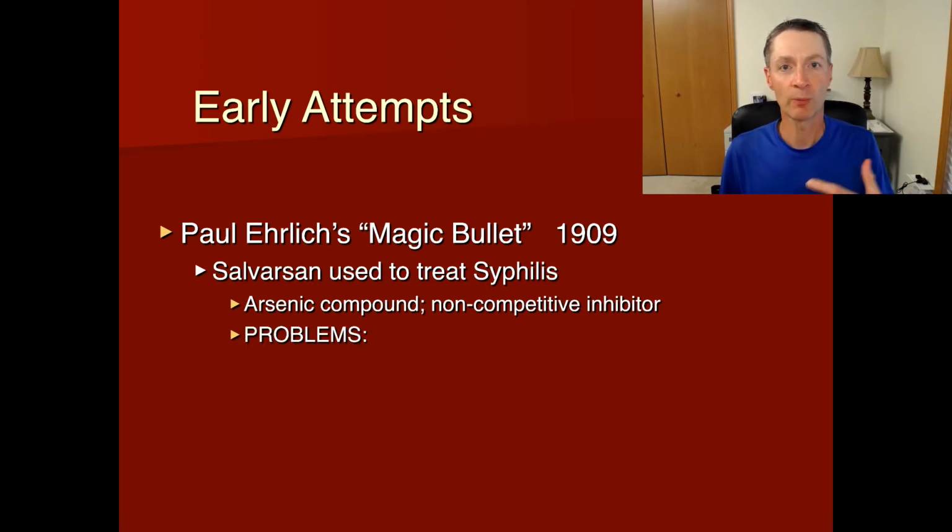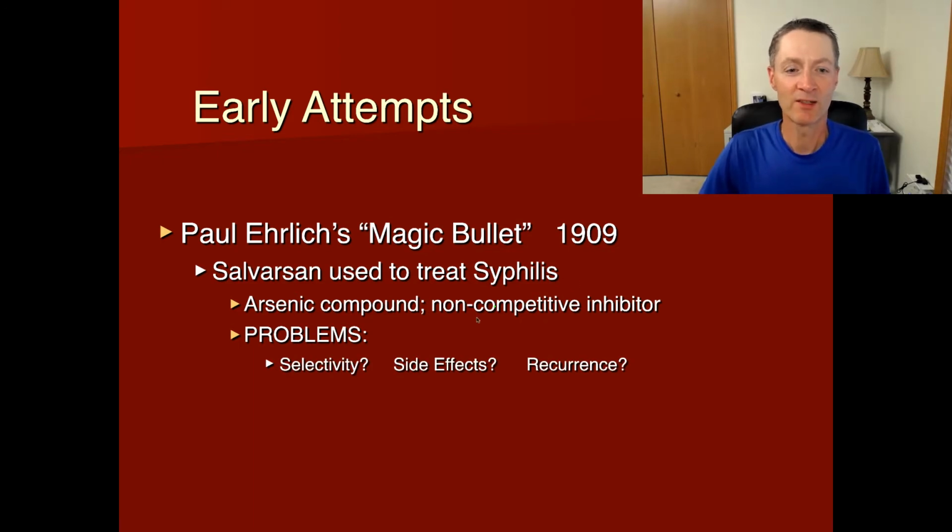Now, there are lots of problems with this, obviously. It's not a selective way of going about killing because it killed our own cells. It was not very selective at all about getting after the bacteria that cause syphilis. There were some horrible side effects, and they would take the drug away, and oftentimes syphilis would come back.